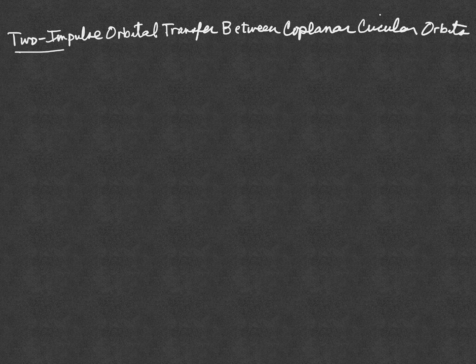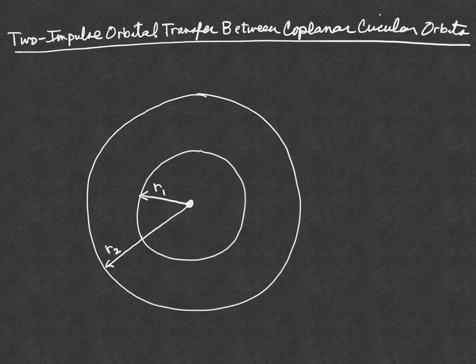So now let's consider a two-impulse orbital transfer between coplanar circular orbits. So let's start this discussion off with a diagram.